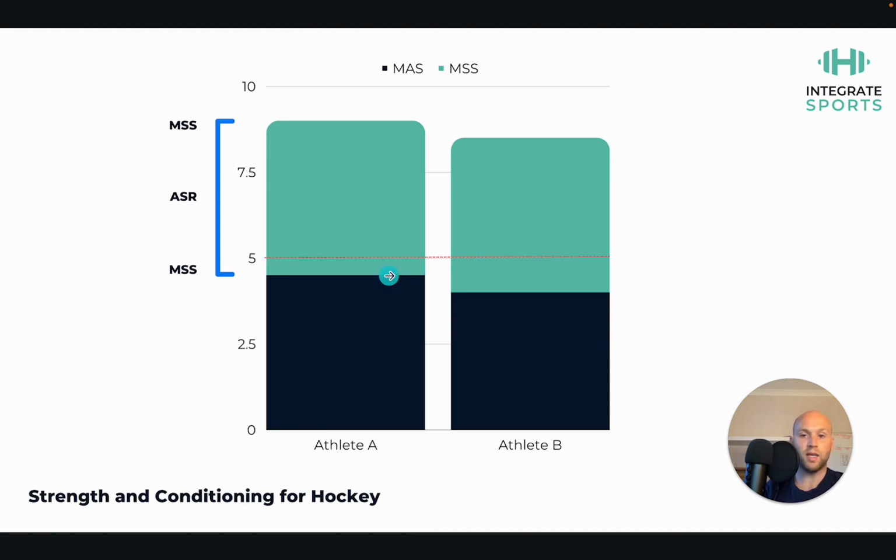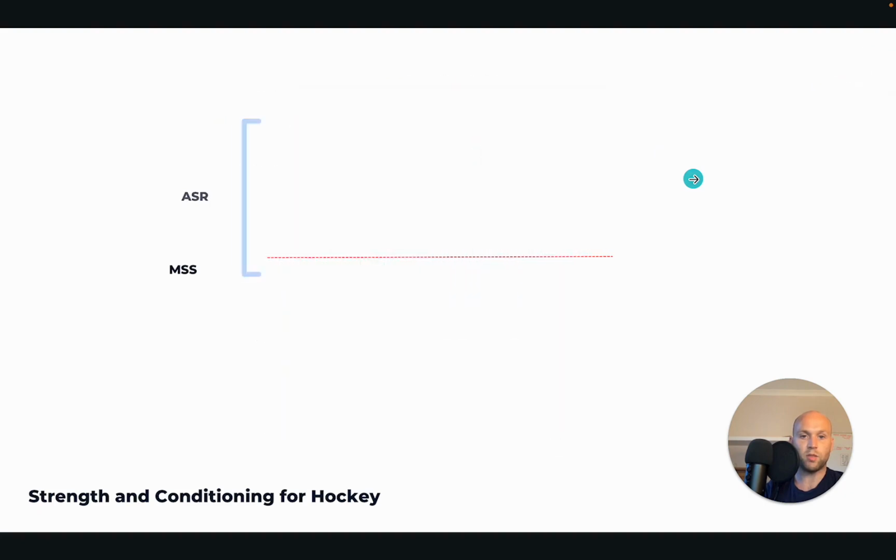And again, as you can see, this athlete is going to be running at a much, much smaller percentage of that reserve, and so it's going to find it a lot easier to work at high intensity. And we can do the same thing all the way up to, let's say, 7.5. For this athlete, they're almost maxing out here, whereas this athlete A has still got a decent capacity left. So that's the visual representation of the value of having a fit athlete who's also got a high maximal sprint speed score.